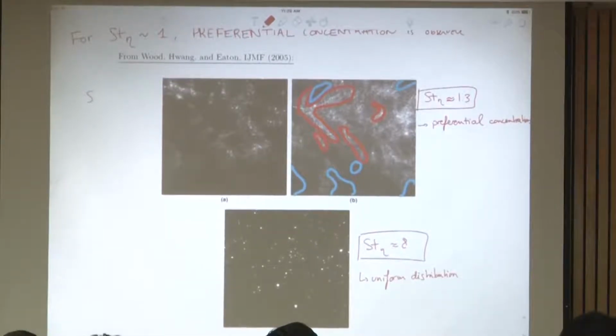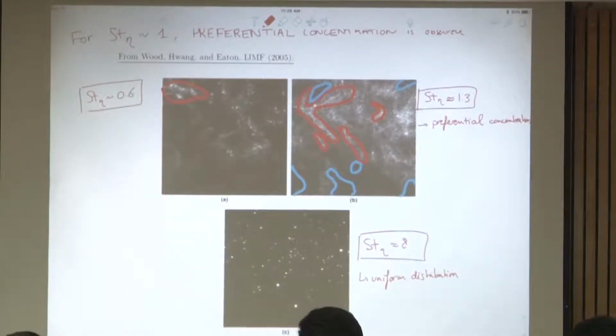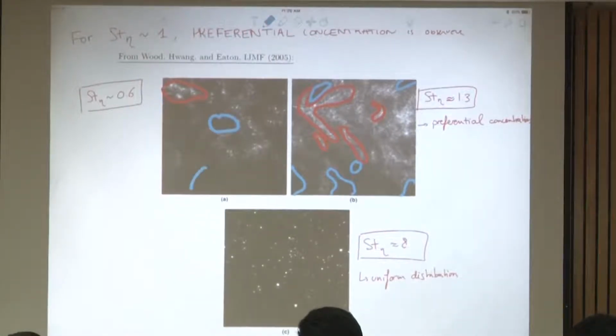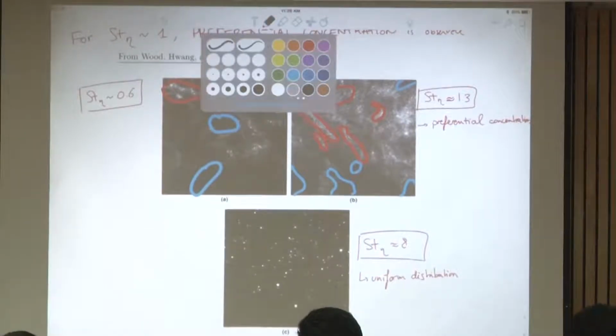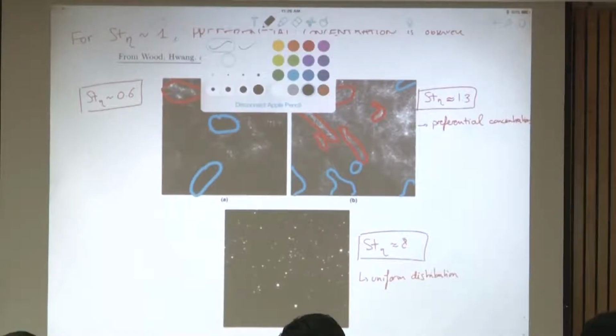Once we go down to an ST eta of 0.5, I think 0.6, it's close enough to 1 that we still see some remnants of this. And if I were to add another picture at the lowest Stokes number, it would be completely gone. There's a region that's more densely populated here, and there's still empty regions as well. So this lower Stokes number also definitely shows preferential concentration.